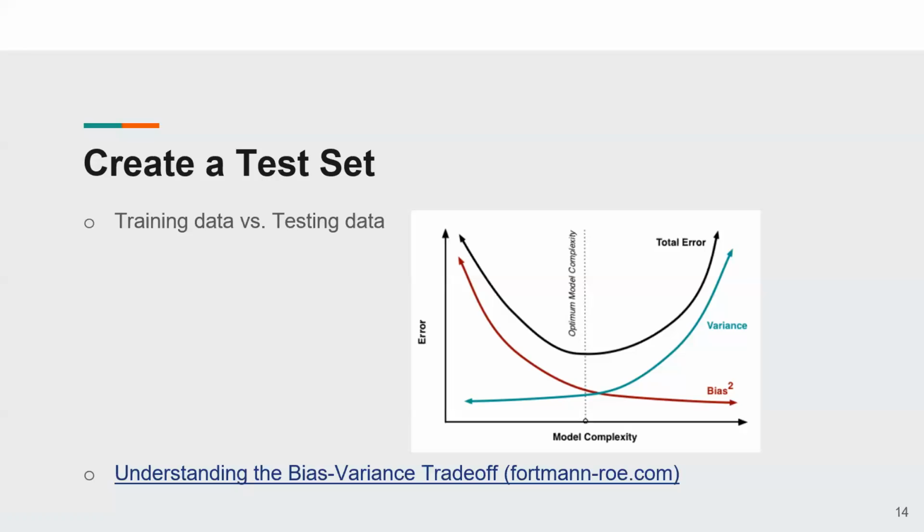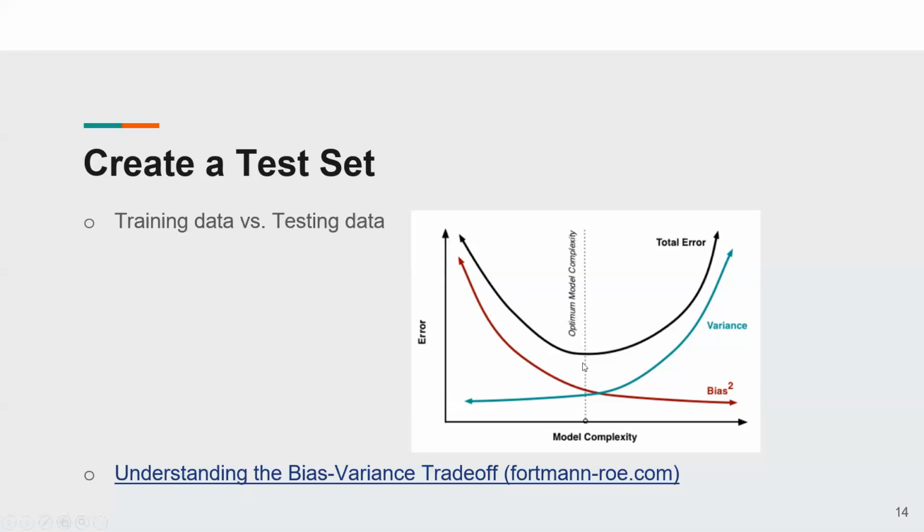That's the reason we want to minimize this black line, which is optimum model complexity. And this black line is a combination of bias squared plus the variance. So it's a trade-off between model complexity and generalizability of your model.